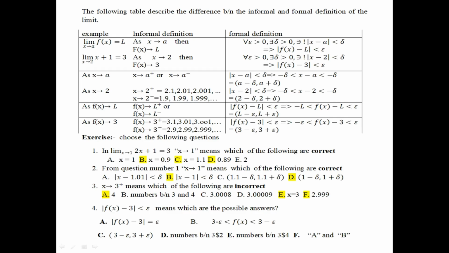So let's compare the difference between the formal and informal definitions.